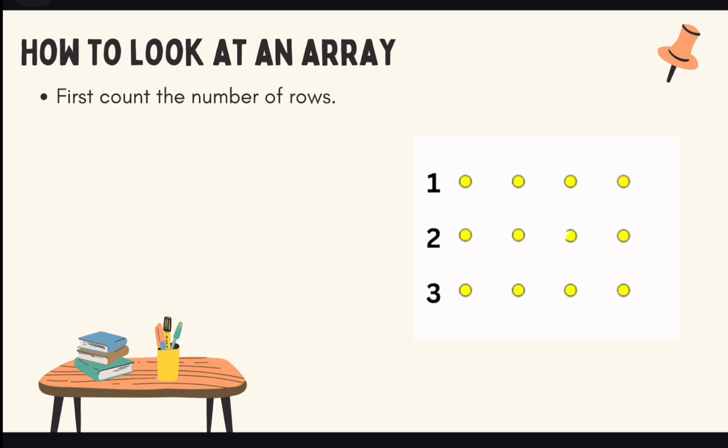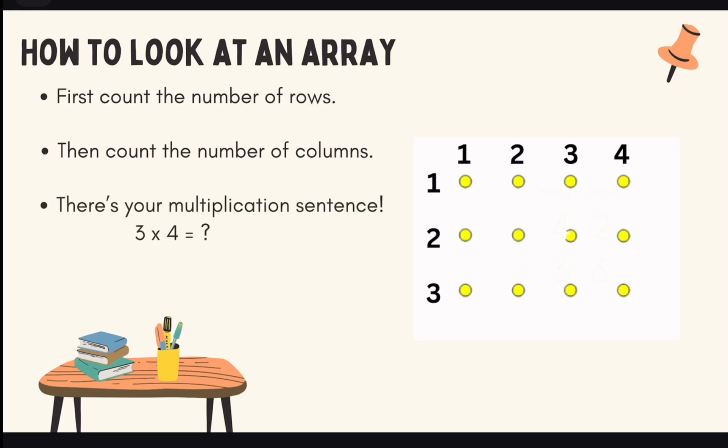These are the rows that go across. Then I need to count the number of columns. 1, 2, 3, 4. So I have 3 rows and 4 columns. That's my multiplication sentence. I have 3 rows of 4, 3 groups of 4. This is a way of showing 3 times 4.